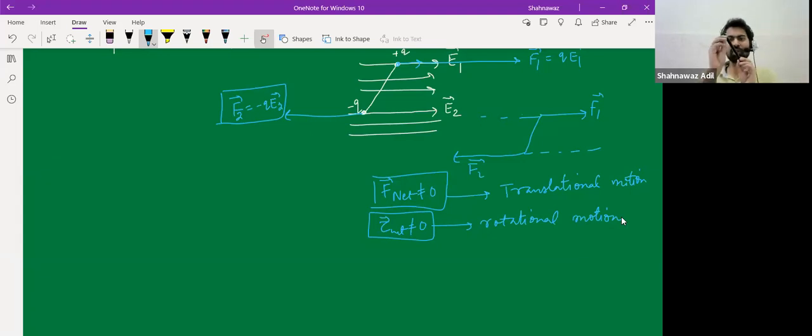This dipole will roll and then move like this. Whichever force is bigger, let's say this F1 force is larger, then it will go like this. Understood, guys? Yes, sir.